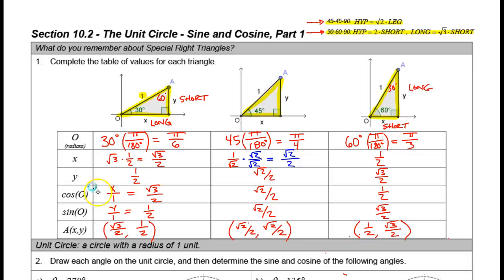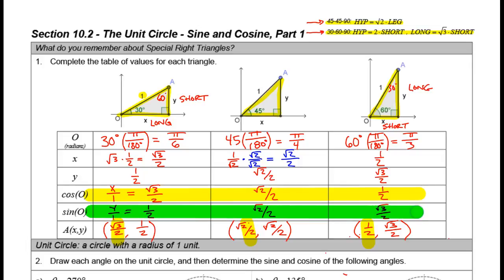I want you to take a look at the values in this row and see how they compare with the x coordinates here. Hopefully you'll recognize that they're identical. And then look at the values in this row. Hopefully you recognize that they're identical with those values. So what this means in terms of right triangle trigonometry and its connection to the unit circle is the following.